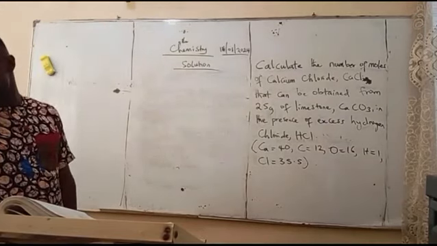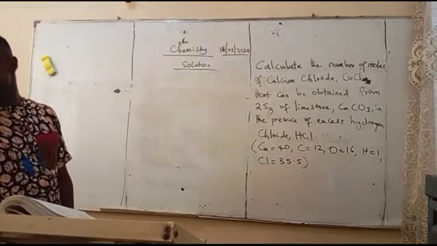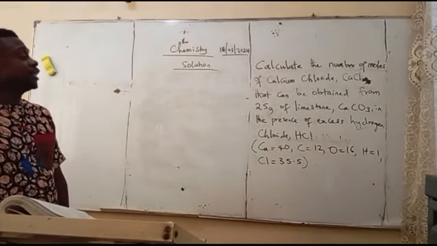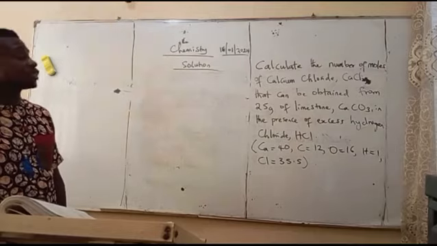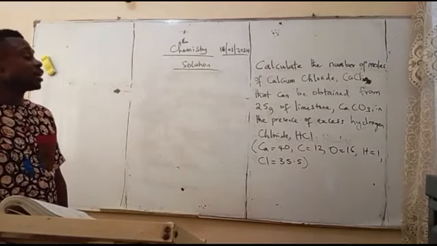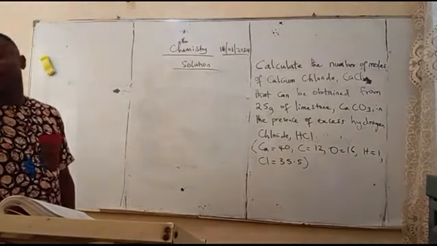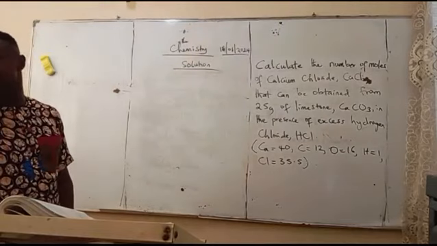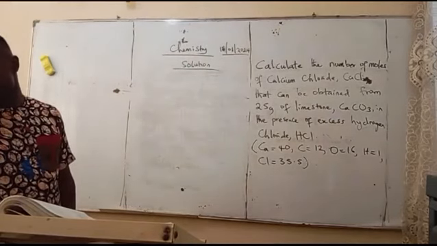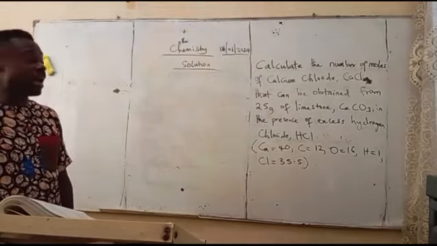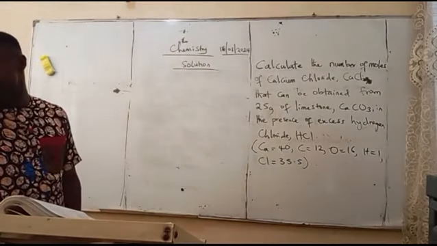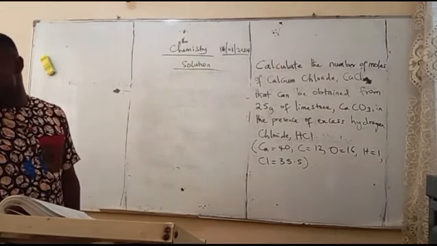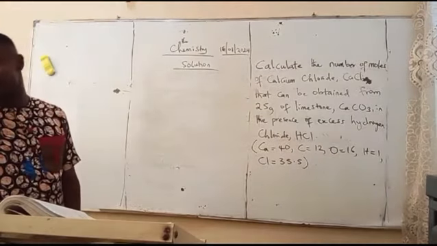The first step to accurately deal with questions that have to do with stoichiometry is to write down the balanced chemical equation of the reaction, okay? If you have any error in the chemical equation, you will never get the answer.